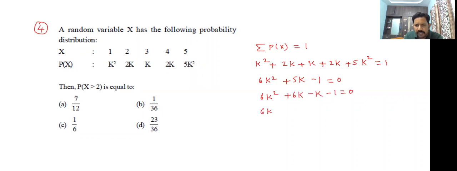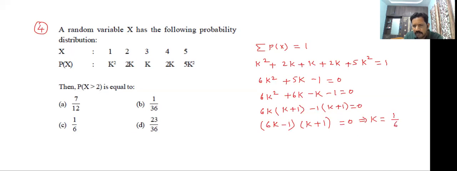First two terms, take 6k common, we get k plus 1; minus 1 common, k plus 1, that is equal to 0. Now this is (6k minus 1) into (k plus 1). Now observe the k values here. One of the values is 1 by 6, another one is minus 1.